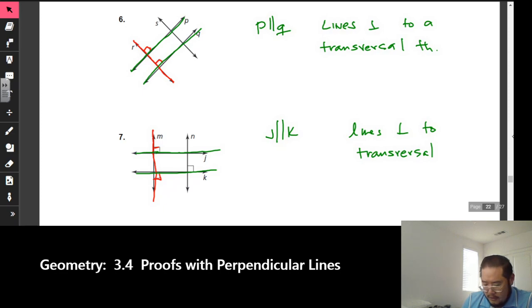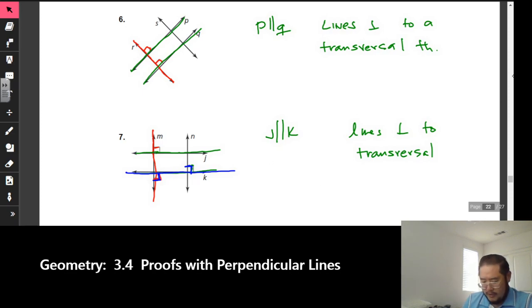Well, let's take a look right here. I also see that I've got a 90-degree angle right here. And I got a 90-degree angle right here. I could say that this is the transversal, and M and N are right there. These two lines happen to be parallel as well, because look, I've got 90-degree angles.